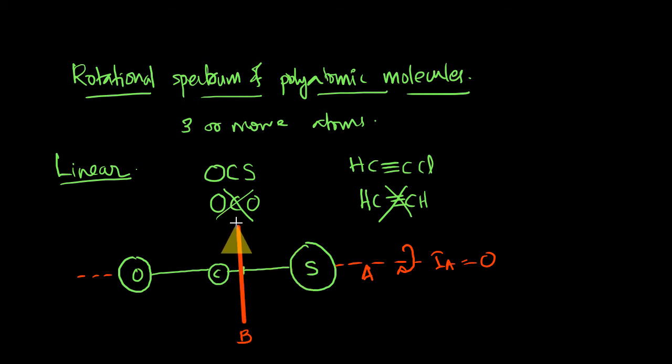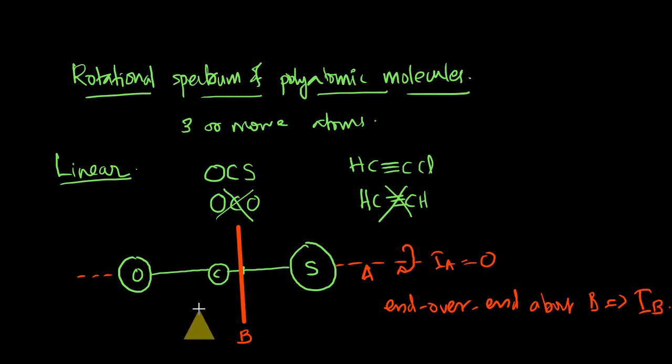This axis is in the plane of the board, therefore the molecule will make an end-over-end rotation perpendicular to the plane of the board about the axis B. The moment of inertia corresponding to that is IB.